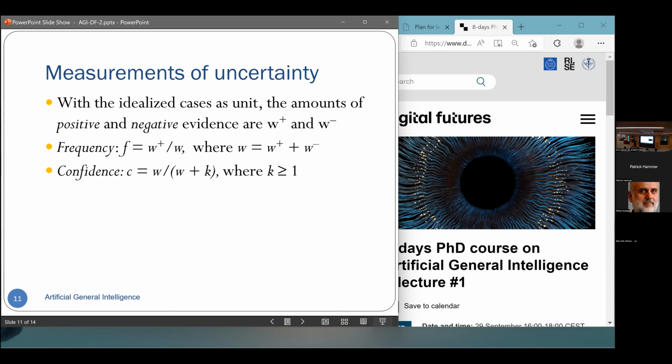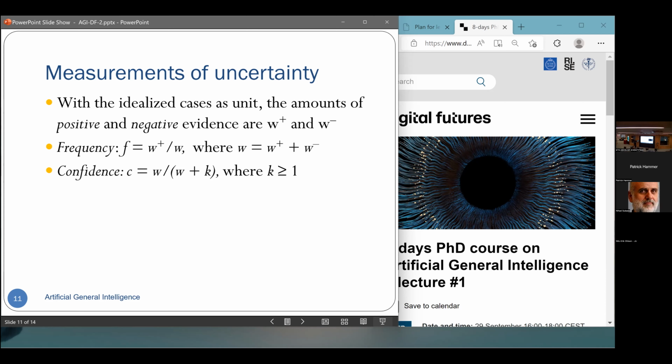And that difference is captured by the second number. This is W divided by W plus K, where W is the total number of evidence, or how many tests you have done, and K is the system parameter, which can be anything larger than 1.